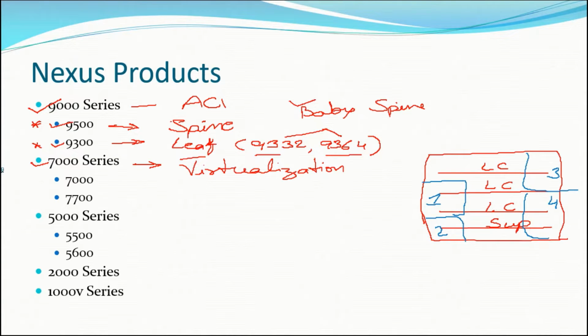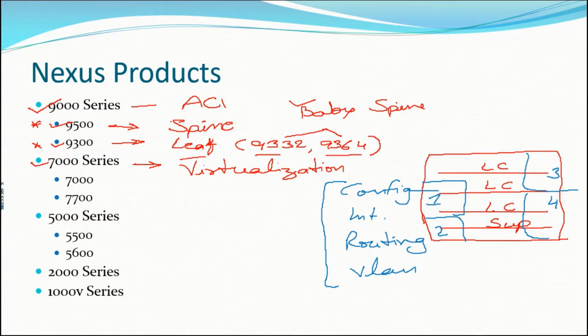All these four switches have their own separate configuration, separate interface configuration, separate routing domain, separate VLAN database. Everything is a separate individual configuration in respect of these virtual switches.